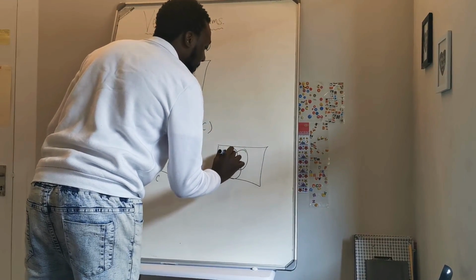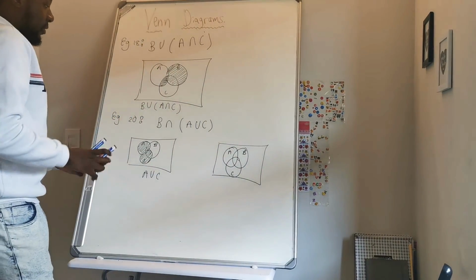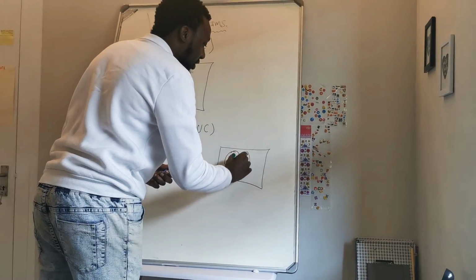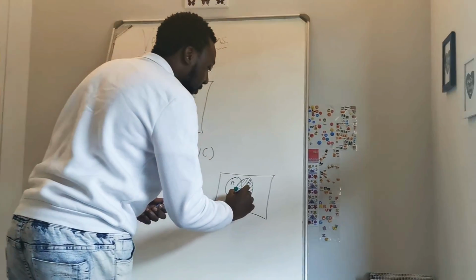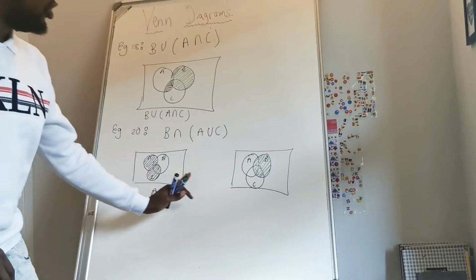I'm going to shade B. B is quite simple. We all know what B is. You just shade in all of the circle of B, including the parts that overlap with C and A. Right? Then now you look at your two pictures.